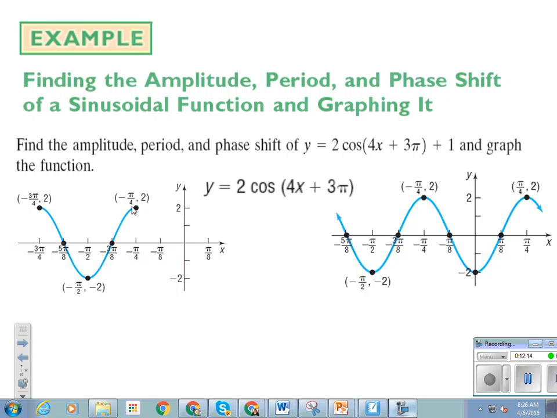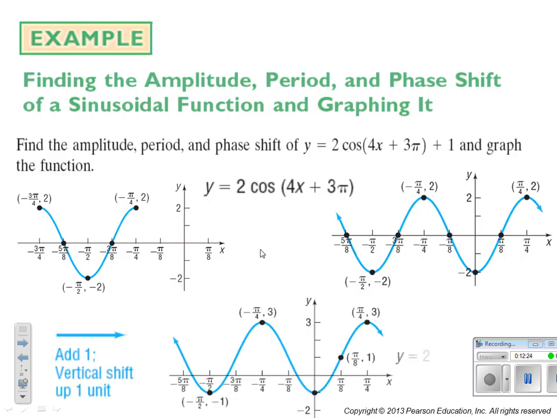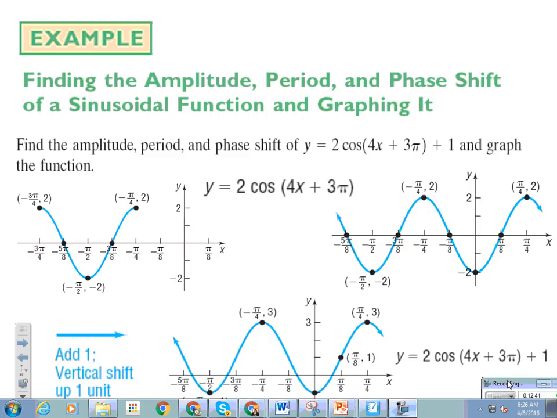And then I'm going to shift that up 1. So I'm going to add 1 to this function. On my graph, I just drew a nice little dashed line at y equals 1, and then bumped everything up so that I can see my completed graph.